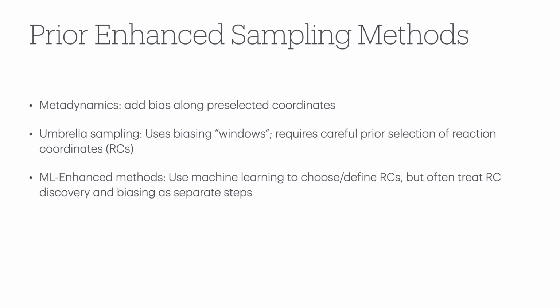And there are other methods that are just ML enhanced methods, which use machine learning to define or choose reaction coordinates. But you often treat the reaction coordinates and the actual biasing as separate steps. So just to refresh, what is the reaction coordinate?